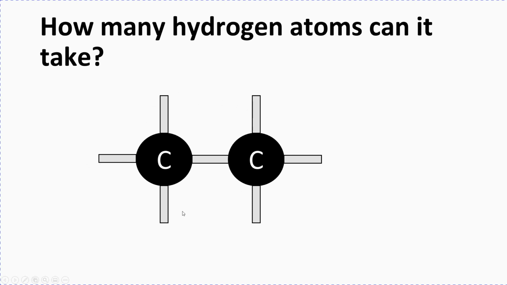So you have 2 across the top, 2 across the bottom, and then 2 on either end. So this would be ethane, because one of those bonds is shared between the 2 carbons. So in this case, I've got C2, because there's 2 carbons, and H6, because I have 2 above, 2 below, 2 on the ends. Okay, so it would be C2H6.